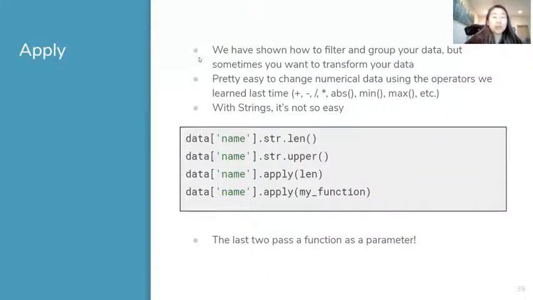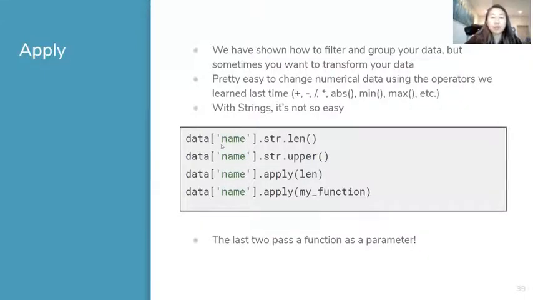Next, we're going to do apply. We have shown how to filter and group your data, but sometimes you want to transform your data. It's pretty easy to change numerical data using the operators we learned last time, such as plus, minus, absolute, min, max, and so on. With strings, it is not so easy.